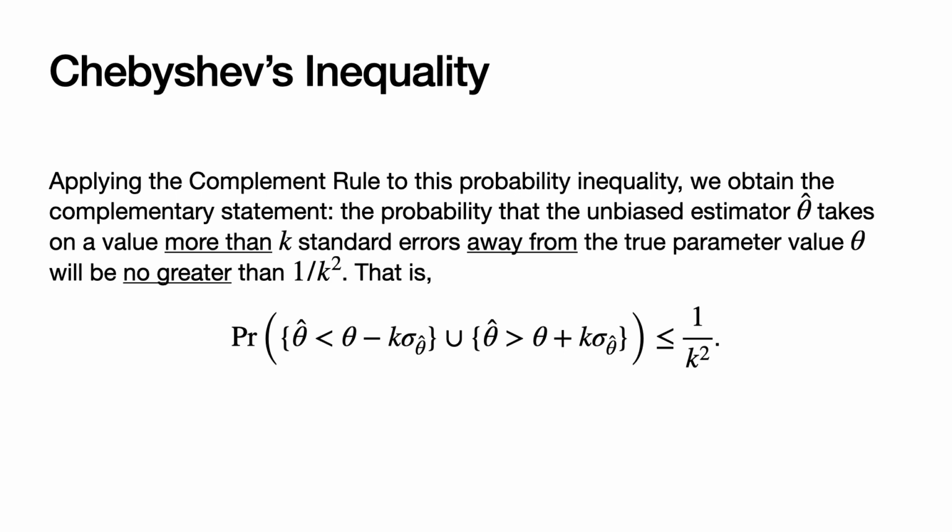In other words, the probability that either theta hat is less than theta minus k times the standard error of theta hat, or that theta hat is strictly greater than theta plus k times the standard error of theta hat, that probability will be no more than 1 over k squared.